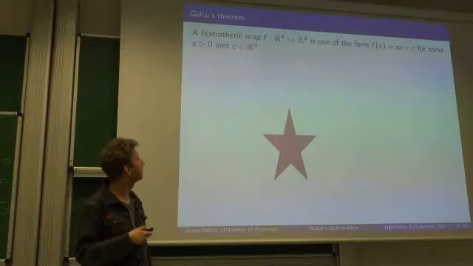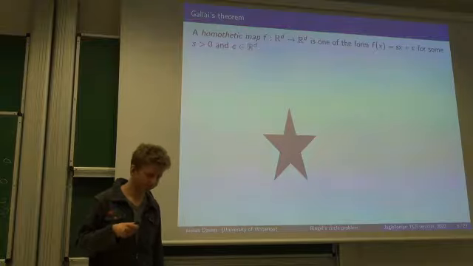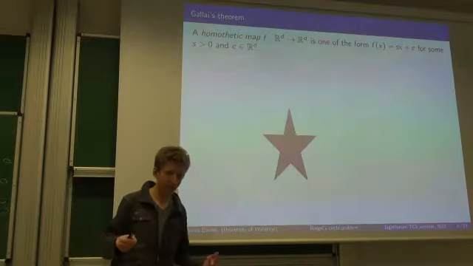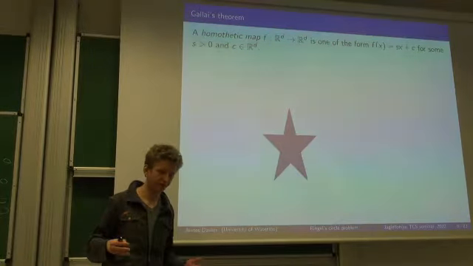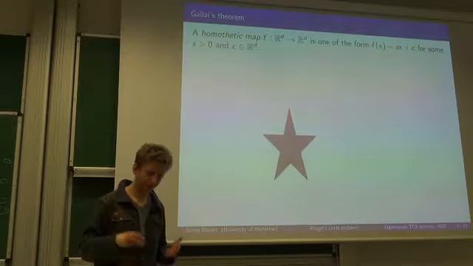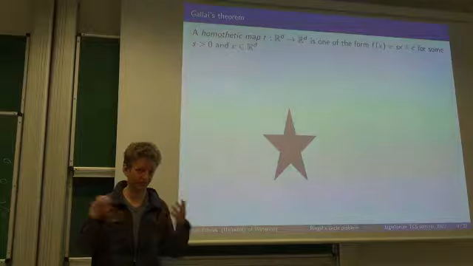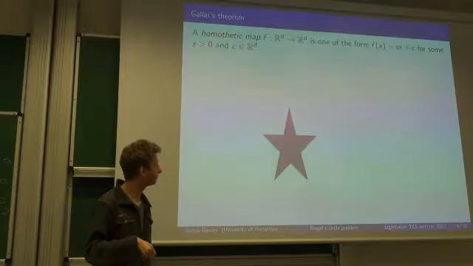For this, I need to define a homothetic map and homothetic copies first. A homothetic map between d-dimensional spaces is just a map you can make from two parts: a uniform scaling factor and a translation. If you can get from one set to another by a homothetic map, then it's a homothetic copy.